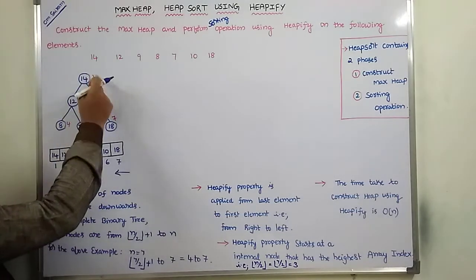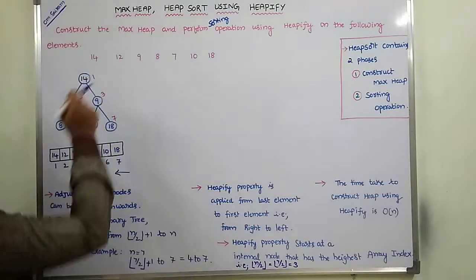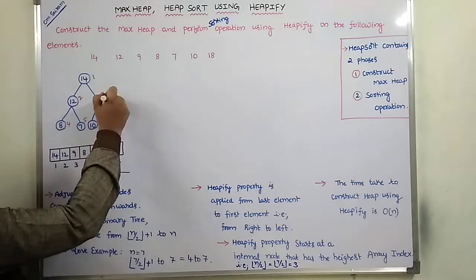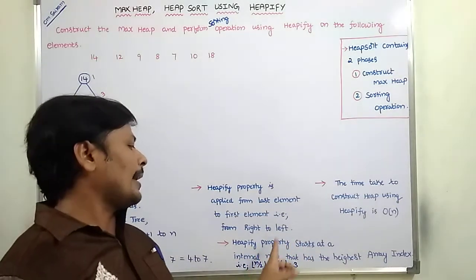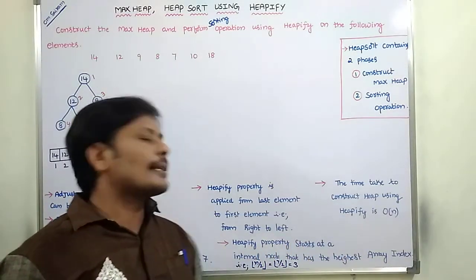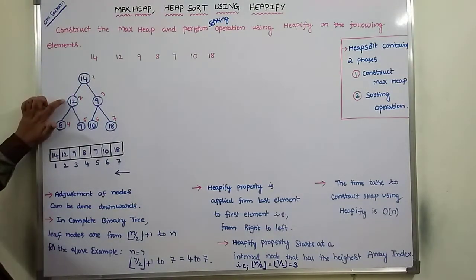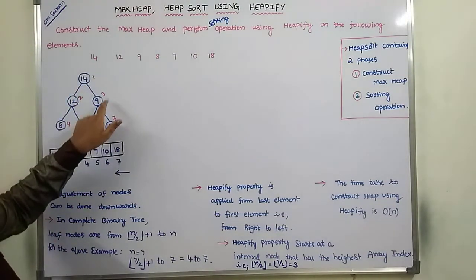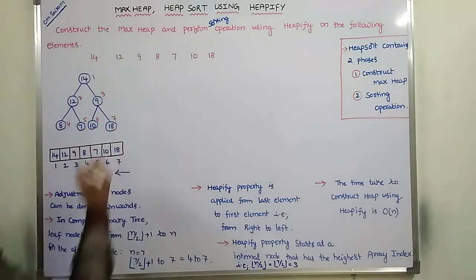Here 14 has index 1, 12 has index 2, 9 has index 3. So the highest array index is 3.